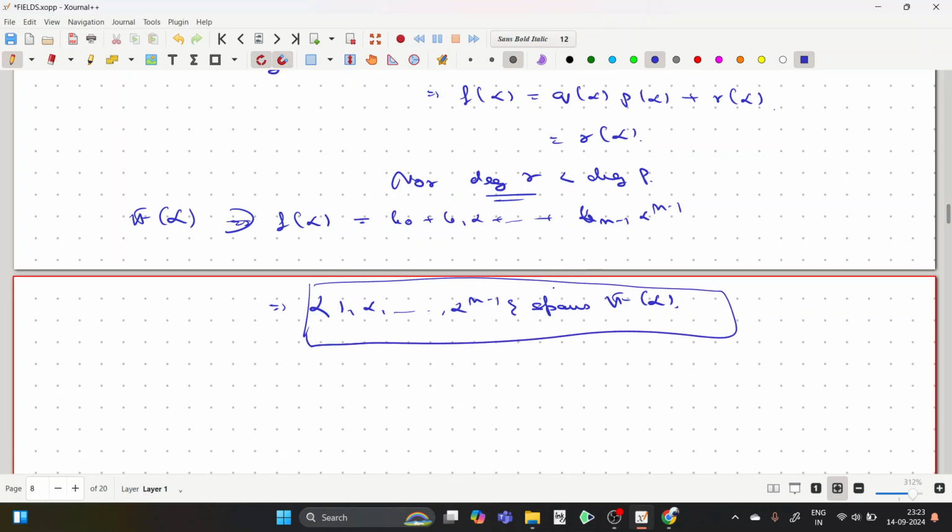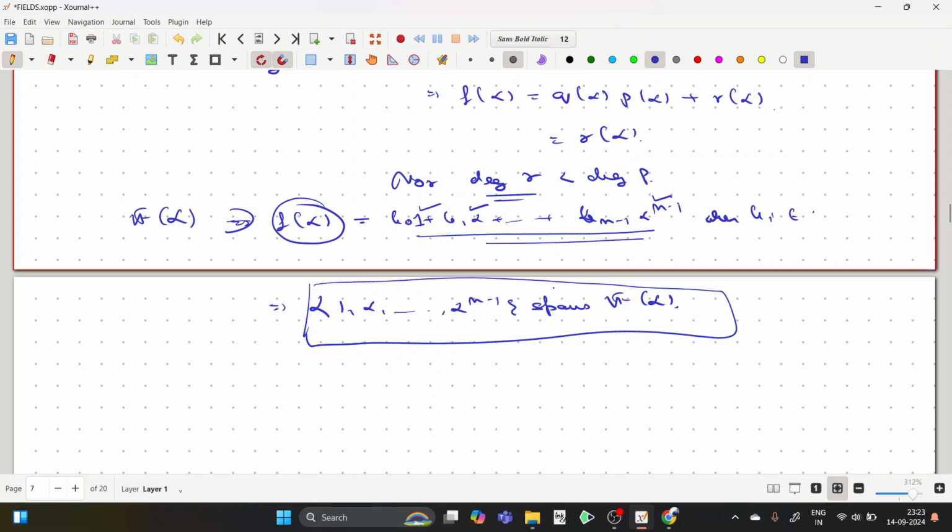Because any element from F round bracket alpha is a linear combination of these elements 1, alpha, till alpha to the power n minus 1, where these bi come from F, so it spans F alpha.